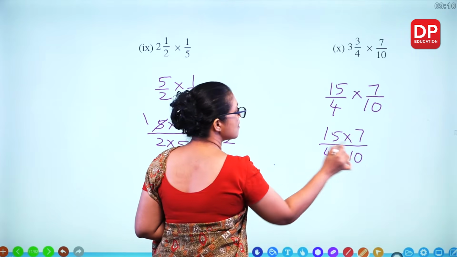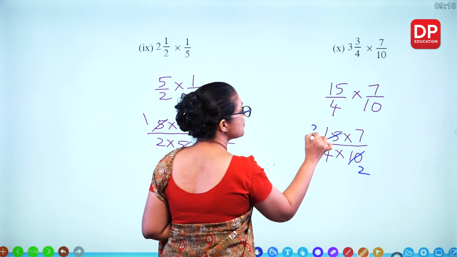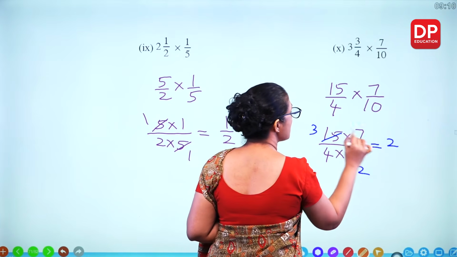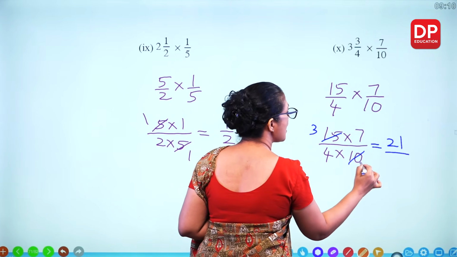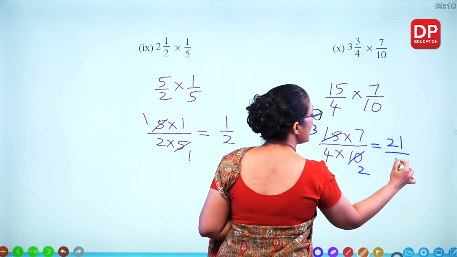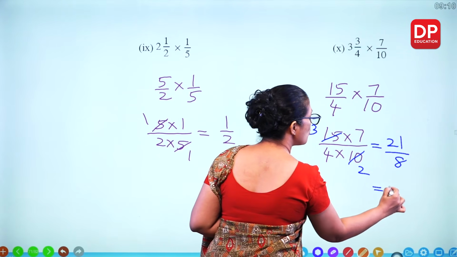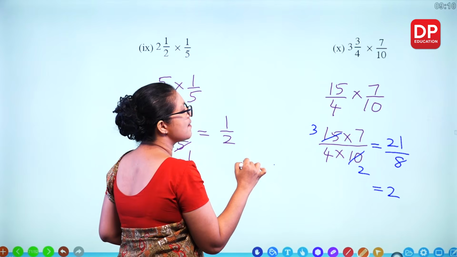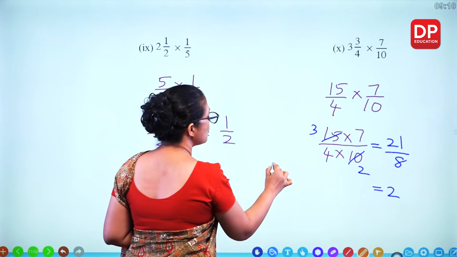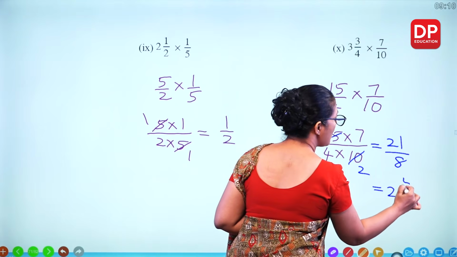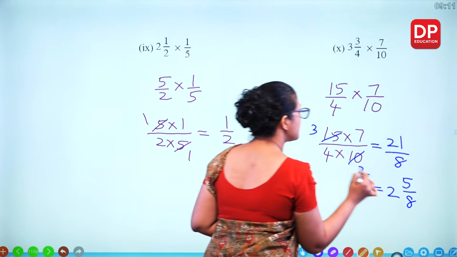Simplify this. 5 times 2, 5 times 3. That's all. So 3 times 3, 3 times 7, 21. 4 times 2, 8. So how many 8s for 21? 2. 16. What's the remainder? 21 minus 16. You get 5. 5/8.